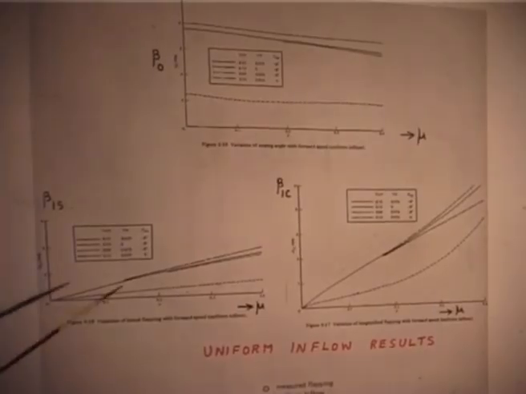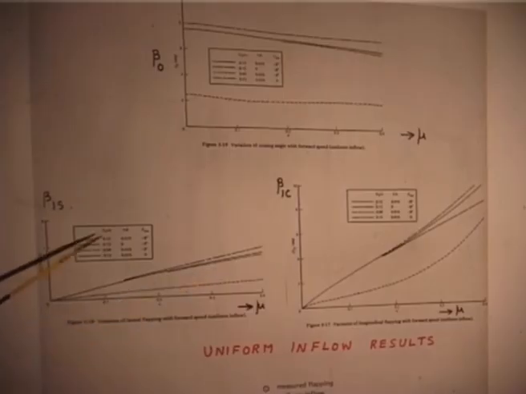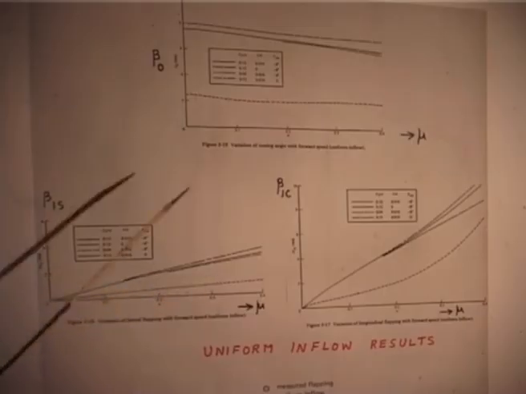Okay. Whereas beta 1s and 1c, I have shown here like this, but actually this is some theoretical calculation. They increase, but this is not correct.